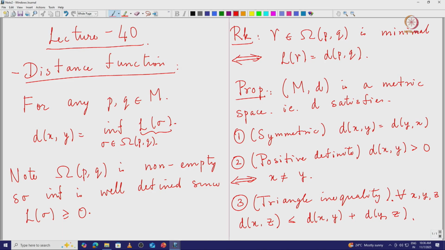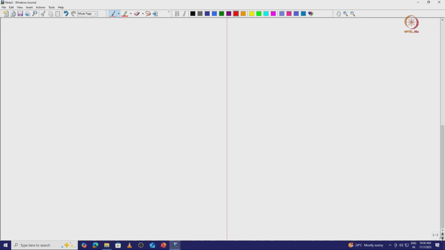So, why is this the case? The first one is completely trivial, because if you have a path from x to y, you can always reverse that path and you get a path from y to x while preserving the length. So, this function D is obviously a symmetric function.